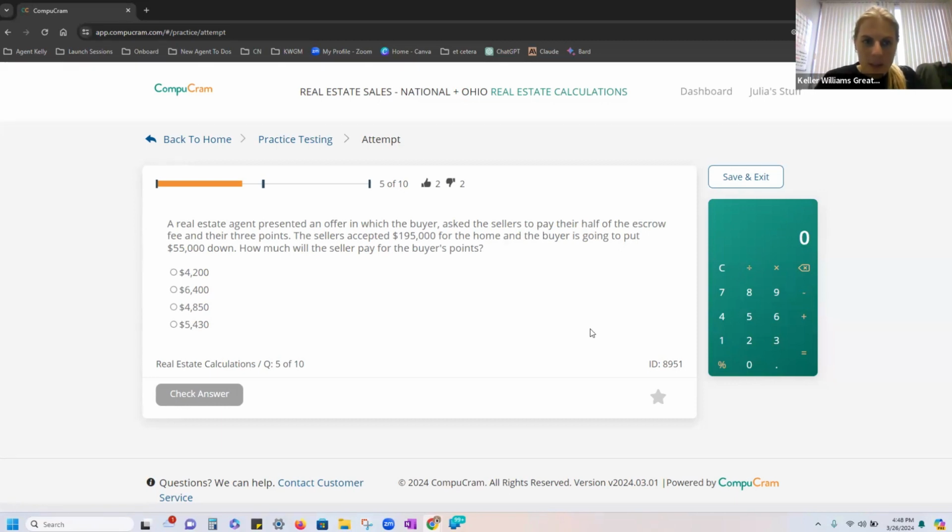A real estate agent presented an offer in which the buyer asked the sellers to pay their half of the escrow fee and their 3 points. The sellers accepted $195,000 for the home, and the buyer is going to put $55,000 down. How much will the seller pay for the buyer's points? I'll give us another minute.